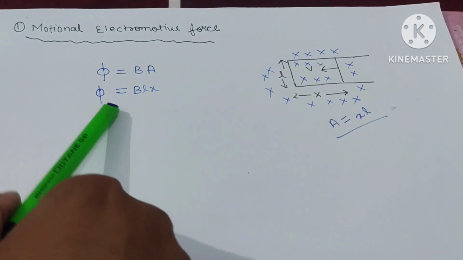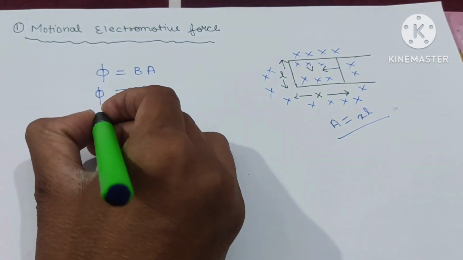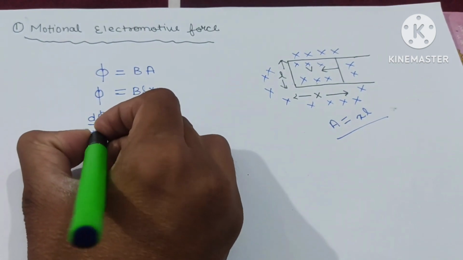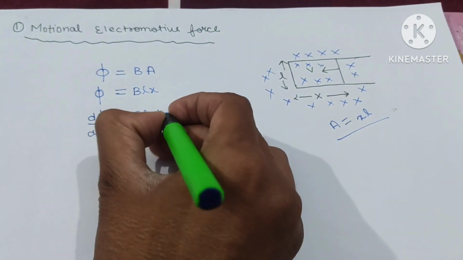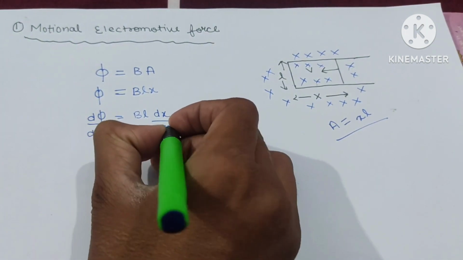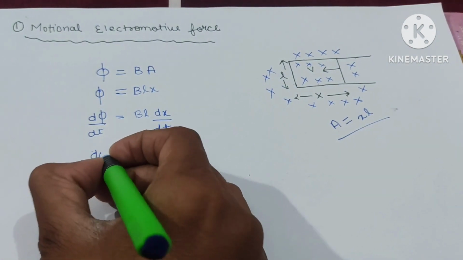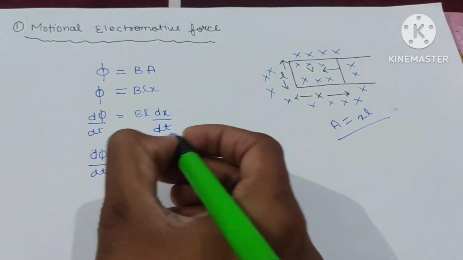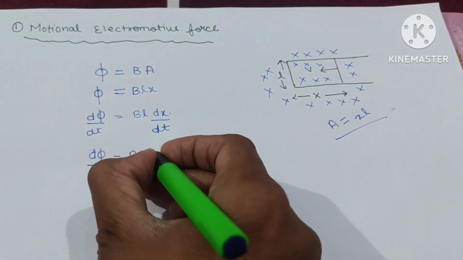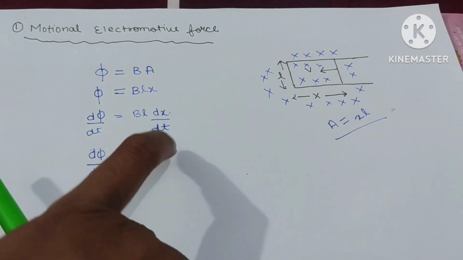Now we'll differentiate with respect to time. This will become the velocity, because the instantaneous velocity is dx by dt.